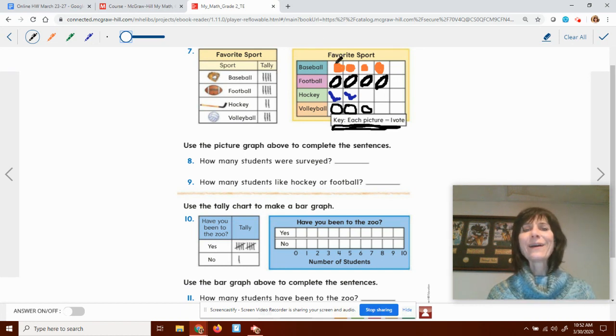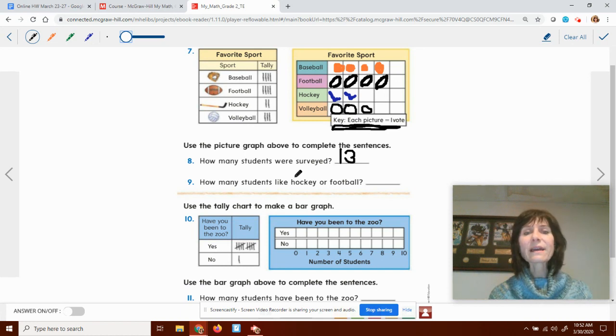It's an easy one. 1, 2, 3, 4, 5, 6, 7, 8, 9, 10, 11, 12, 13. If I wanted to double check myself to make sure I was correct, 4 plus 4 is 8. 8 plus 2 is 10. 10 plus 3 is 13. I checked myself, and I want to make sure I have that right answer because that's so important.